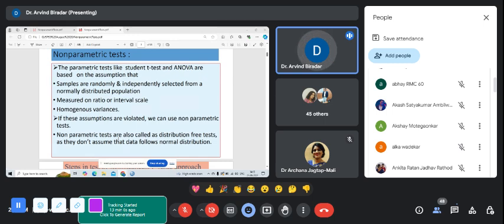If these assumptions are violated, you can use a non-parametric test. Non-parametric tests are also called distribution-free tests. They do not assume the data follows a normal distribution.